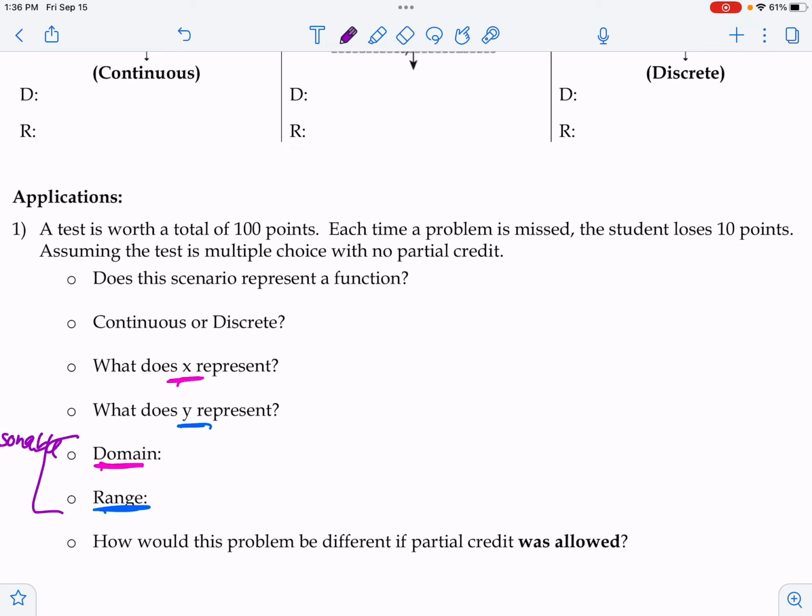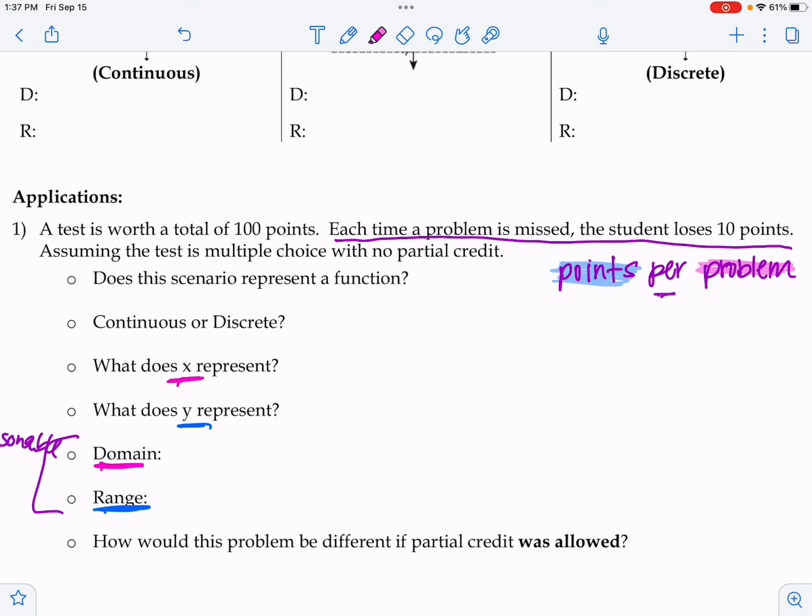And so this sentence right here is telling me he loses 10 points per problem. Okay, so you're looking for words that say per, because if you can find the word per or make a sentence that has per in it, it's always going to be y first. Y per x.